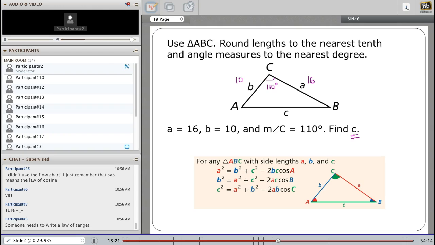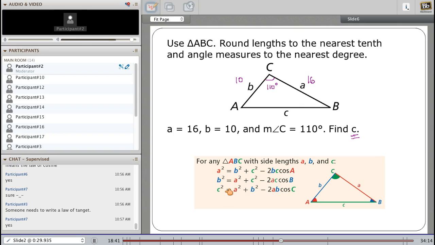So what I want you to pay attention to, because again, this looks confusing, is that there's a pattern to it. If you're looking for a side, like we are in this case, we're looking for side C, then you want to use the formula where the side that you're looking for is over here on the left.